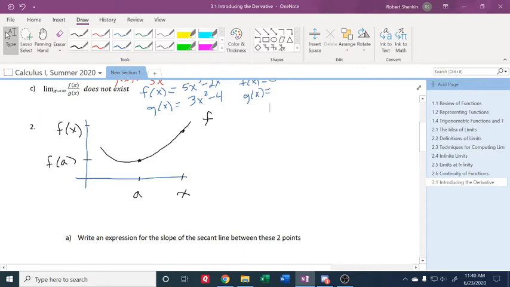Part A. So here's the function f, and here's 2 points, a, f of a, and x, f of x. Write an expression for the slope of the secant line between these 2 points. So let me give you a minute for that.